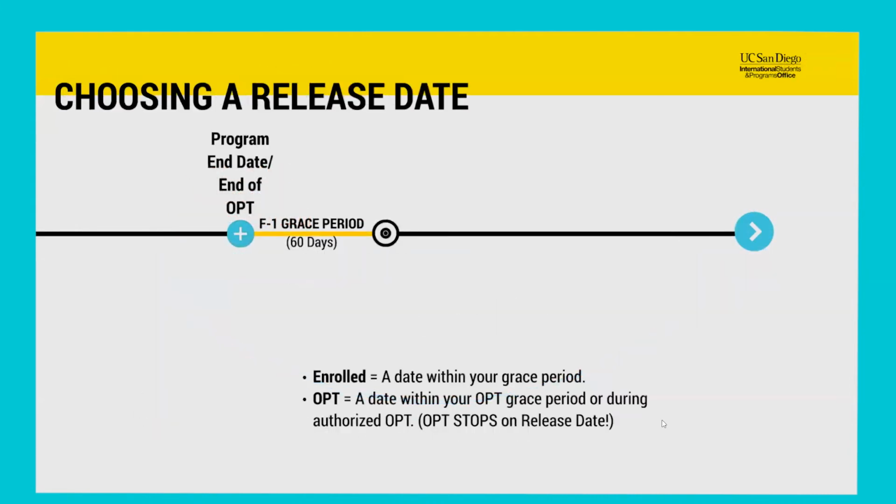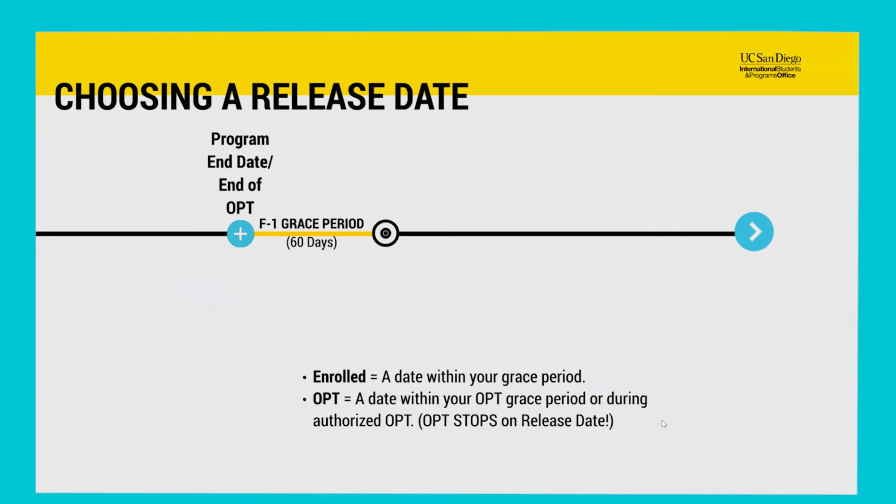Okay, again, please do use the Q&A feature to ask for any clarifying questions. I'm happy to clarify anything here that we've gone over. Now, choosing a release date, as we've just gone over, depends on you and your situation. So if you're enrolled, ideally, you want to choose a release date after your program end date.